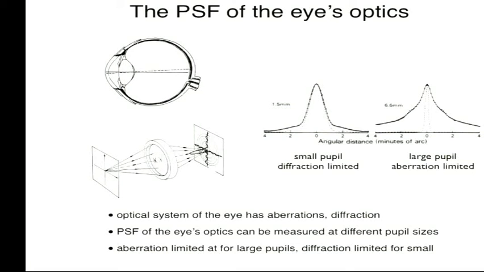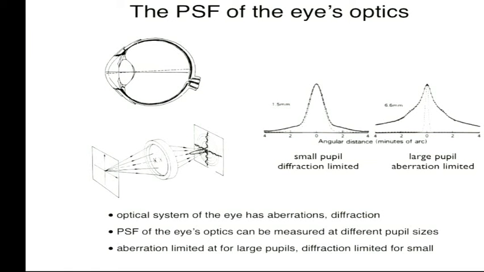Is this something you know? No? Okay. The amount of diffraction, the amount of scattering because of the aperture, varies with the size of the aperture, and it gets worse as the aperture gets smaller and smaller.